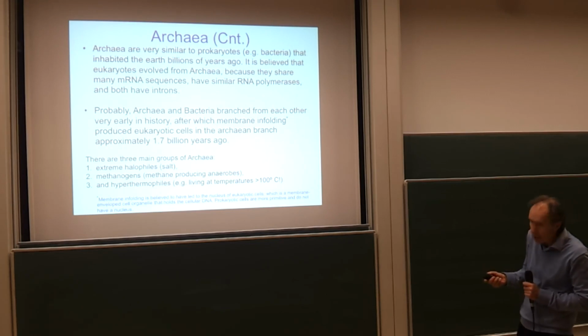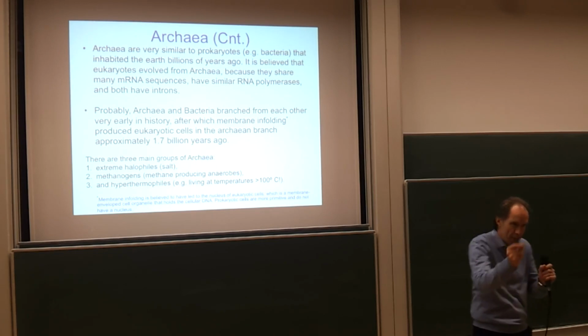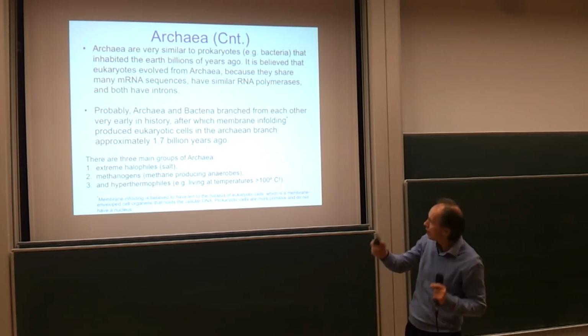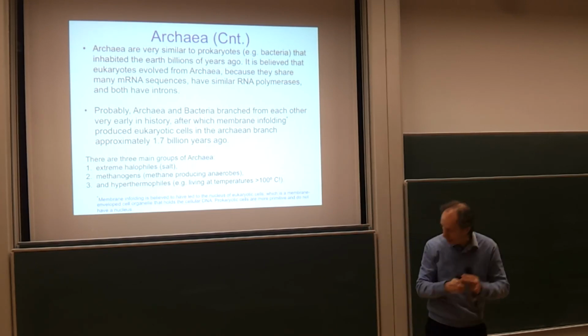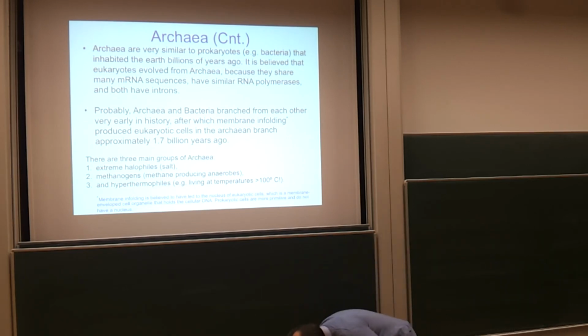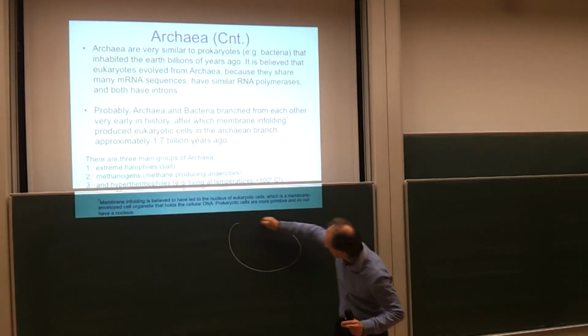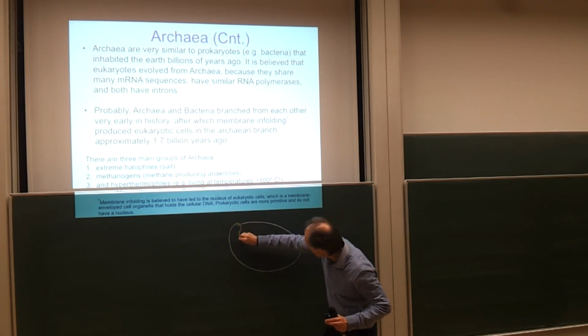The idea is that archaea is still like a bacteria, the cell is a big bag, there's no cell nucleus. So the idea is that from an archaeal situation, you get infolding. You have a cell membrane. Here is a cell. Now something happens, infolding, you get something like this.